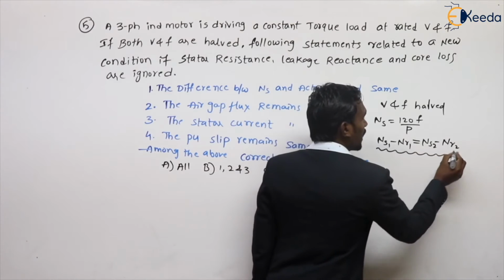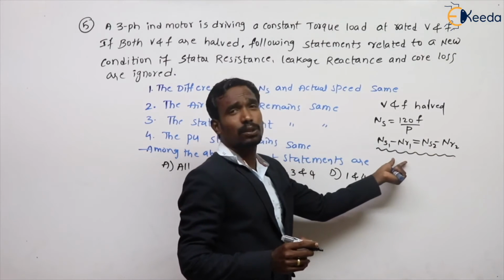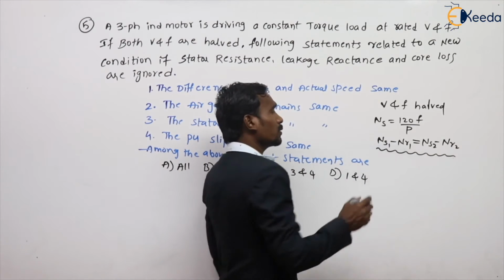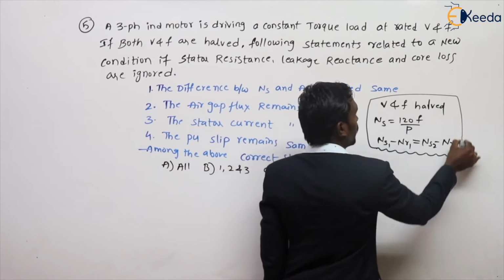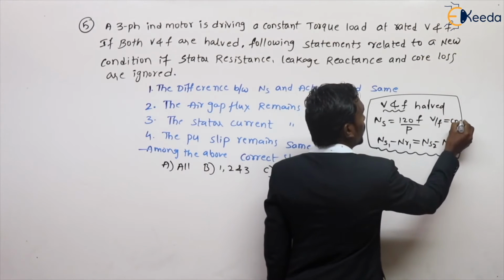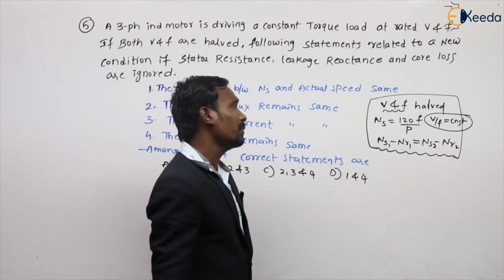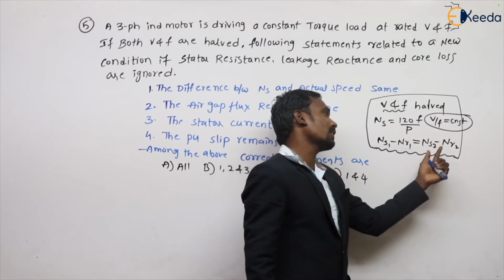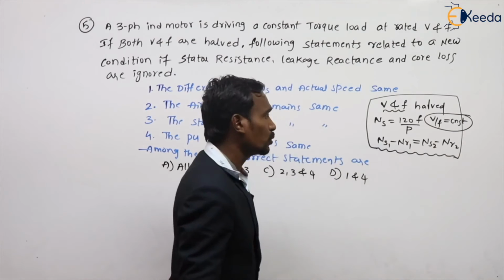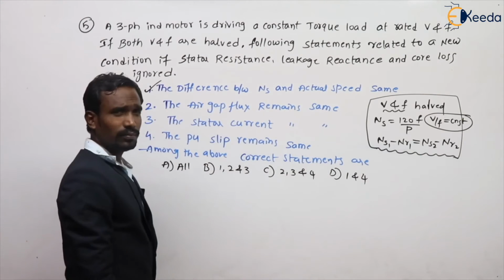This I said in the concept, and we did problems on this also. This is very important. When V by F ratio is constant, then the change in speed is the same. ns1 minus nr1 is equal to ns2 minus nr2. So the first statement is correct.